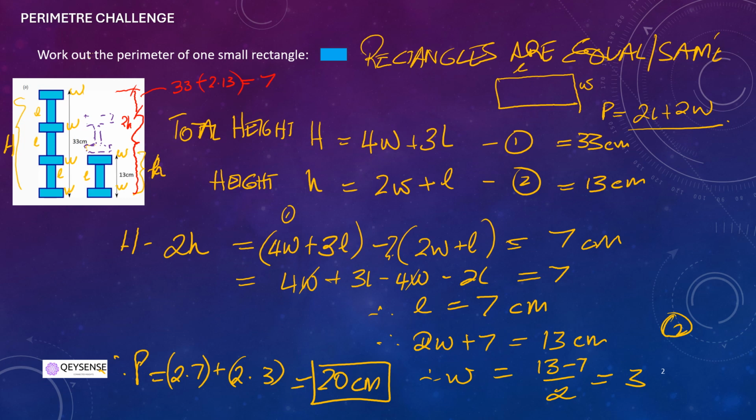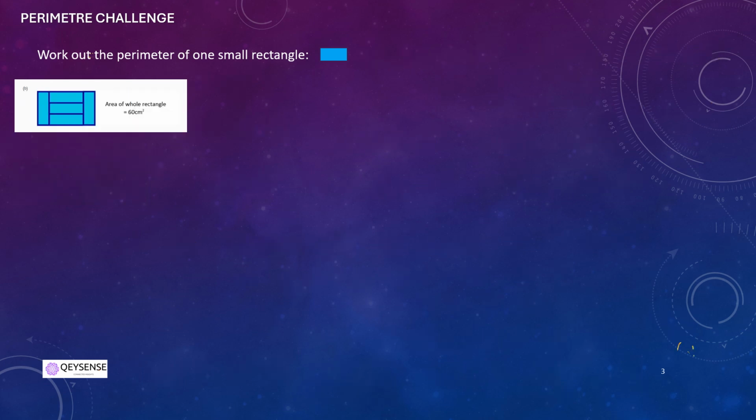Okay, so let's go to the next problem. Here we've got a series of rectangles in a different configuration. All we know about them is that the area is 60 centimeters squared. Again, there's an assumption here that the rectangles are the same.